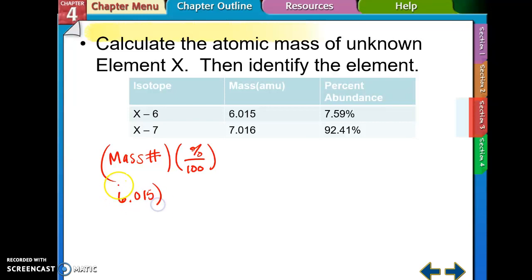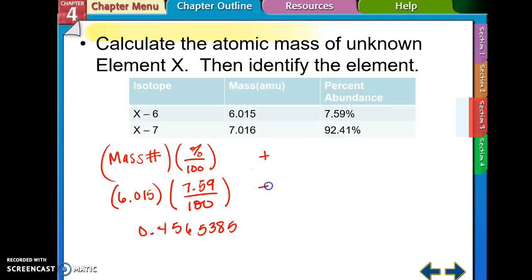And it's giving me a percentage of 7.59. So I'm then going to divide that by 100. So when I do that, I'm going to get 6.015 times (7.59 divided by 100), and I'm going to get 0.4565385.